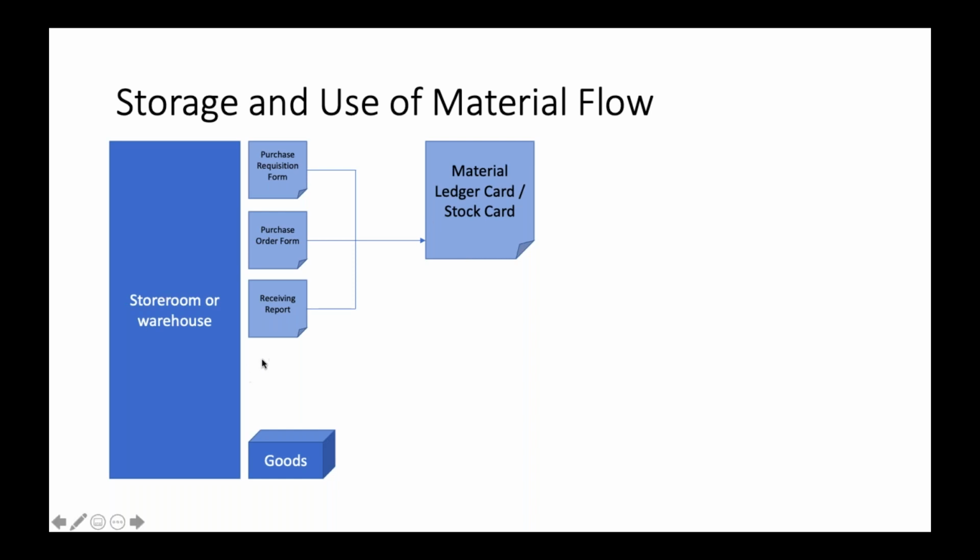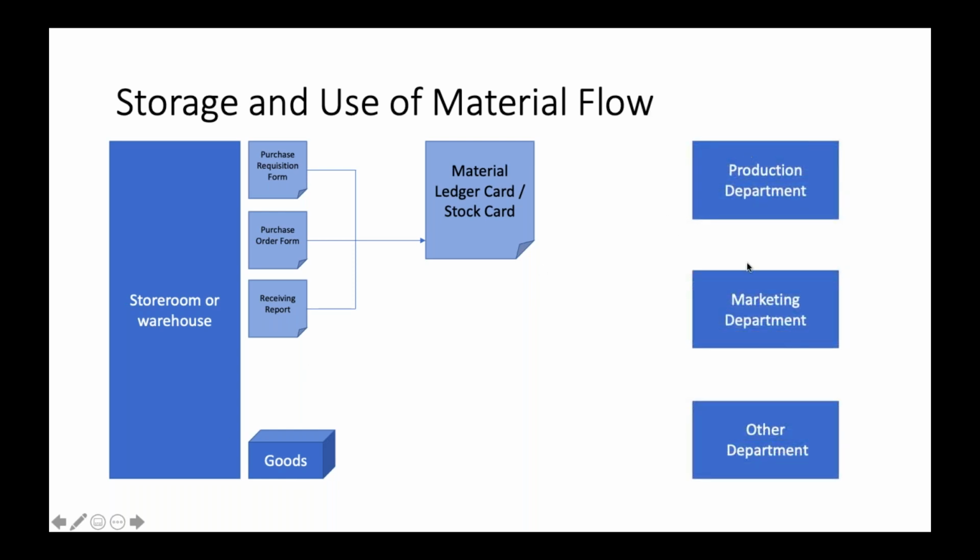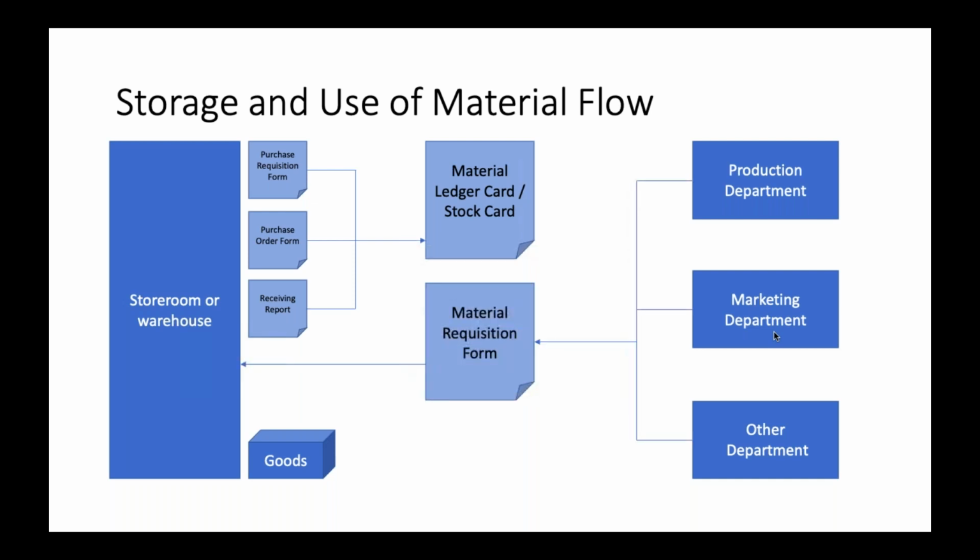And so, when the goods are already in the warehouse, the requesting department that originally requested the purchase of those goods will now request for the release of those goods to be used in their respective department. And the form to be used to request for the release of those goods is what we call the material requisition form.